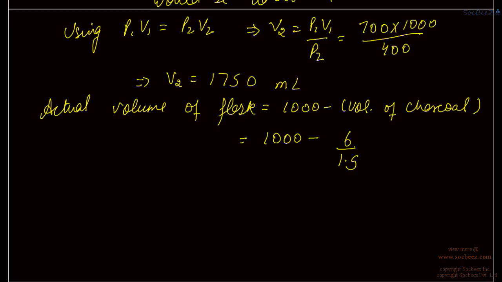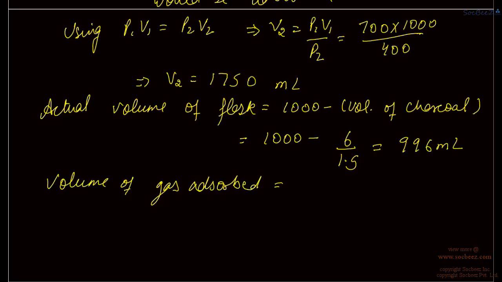So from here we get the actual volume of flask as 996 milliliter. Now the volume of gas adsorbed equals 1750 minus 996 equals 754 milliliter.